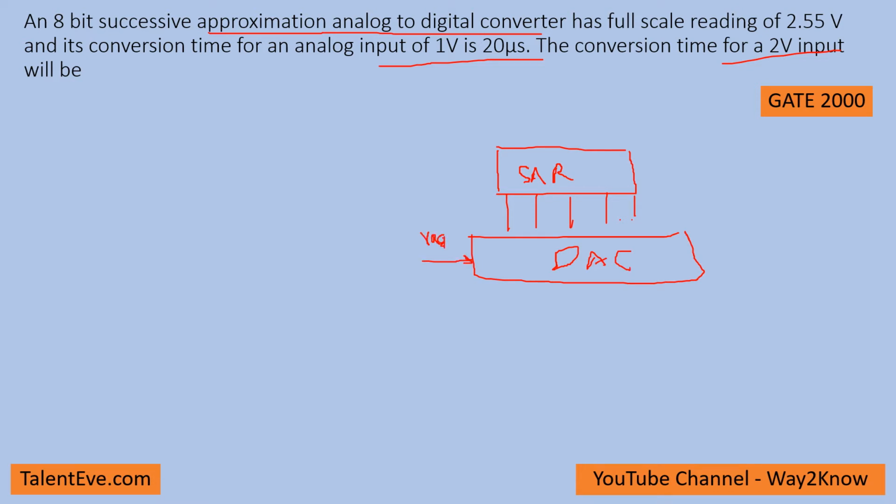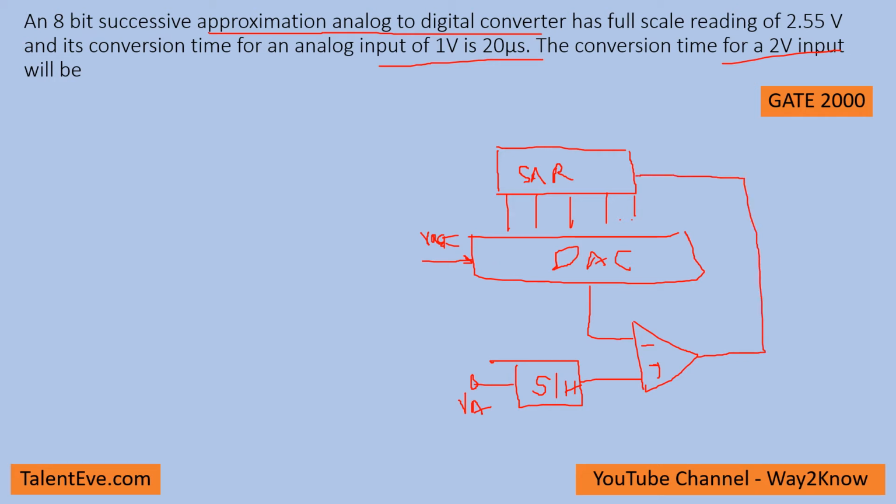The DAC output will be provided to a comparator. Then the analog input, whatever we are giving, V analog, will be given to a sample and hold circuit whose output will be provided to the non-inverting terminal of the comparator, and then this comparator output goes and talks to the SAR. Once the SAR is finished, it generates the end of conversion output.